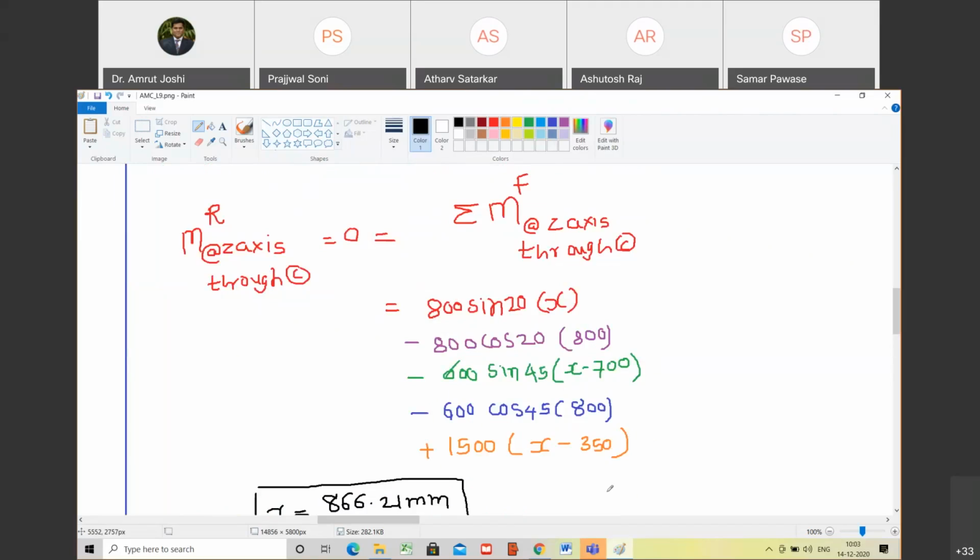Alpha x multiplied by 800. Check your calculator whether it is in degree mode.